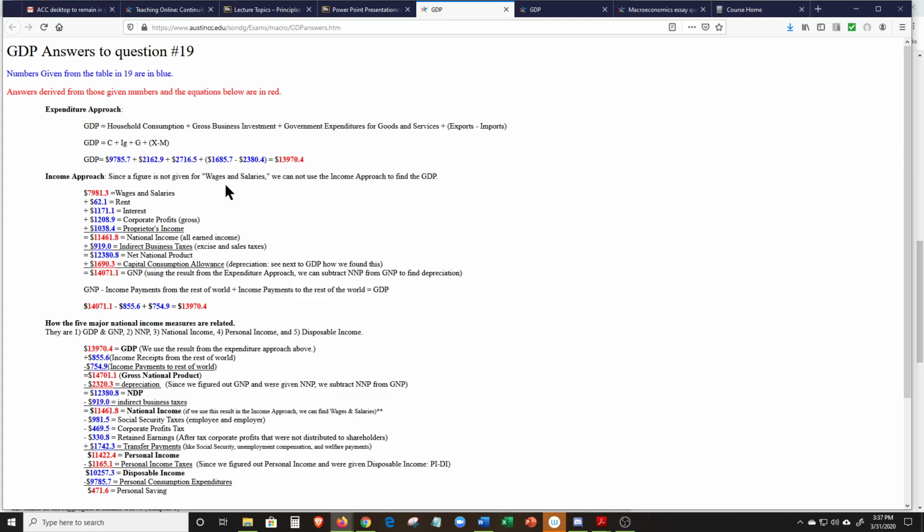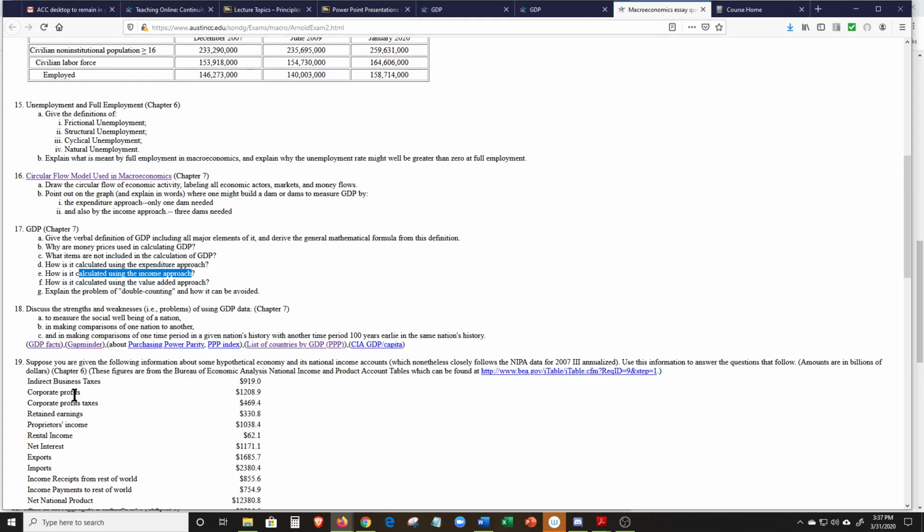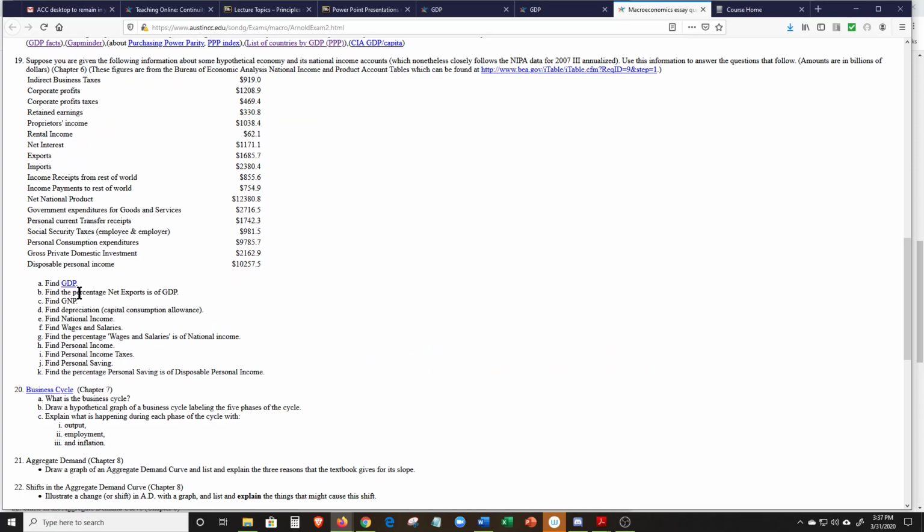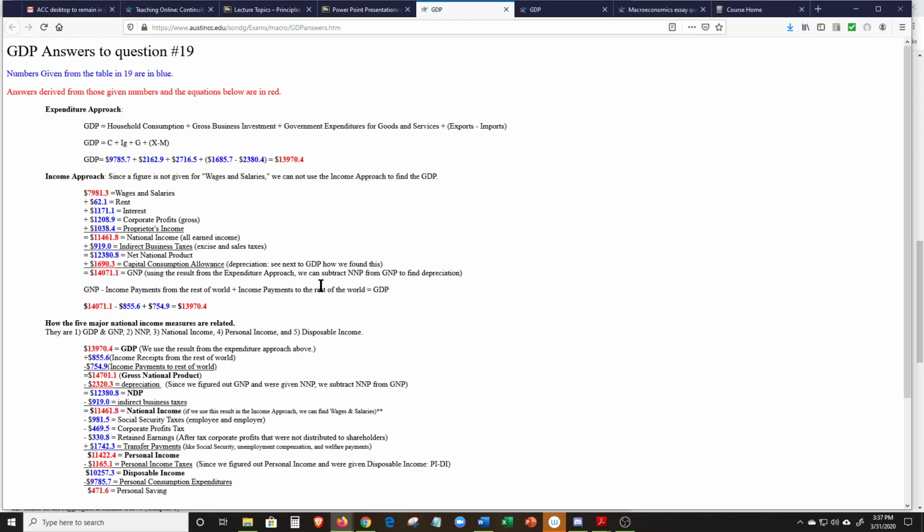So we figure out the first question, A, GDP through the expenditure approach is what this is saying. Then essentially we bring that down here and we add and subtract income payments to and from to get gross national product, which is right here.